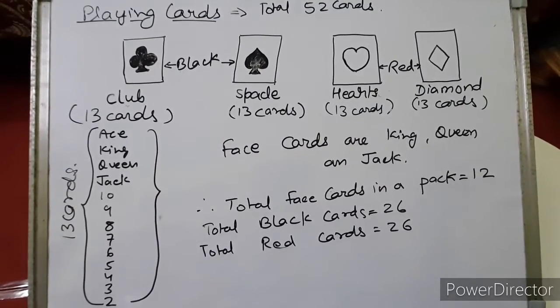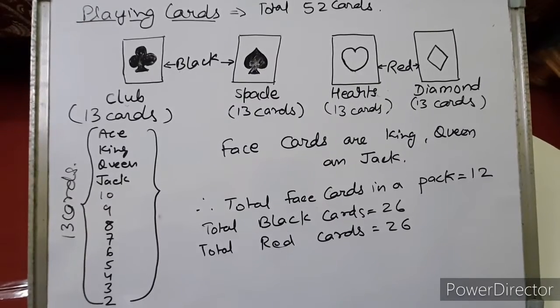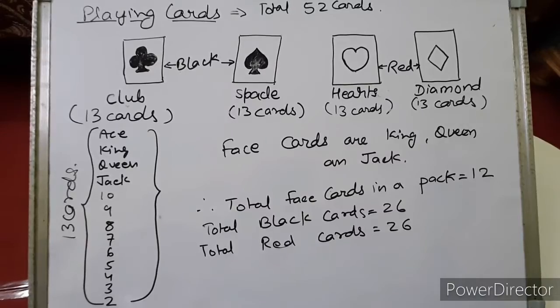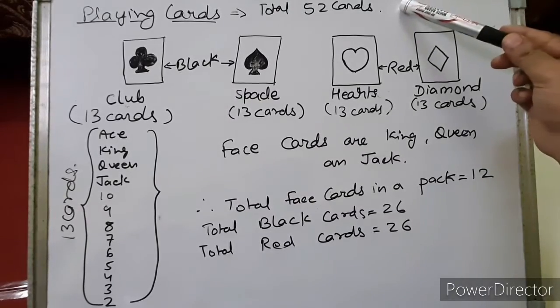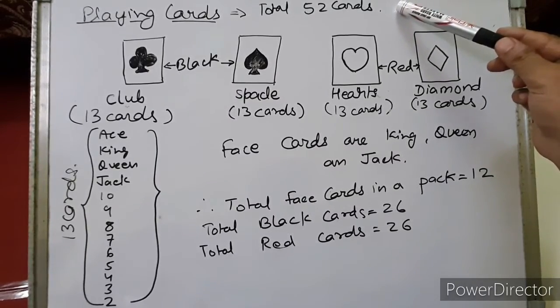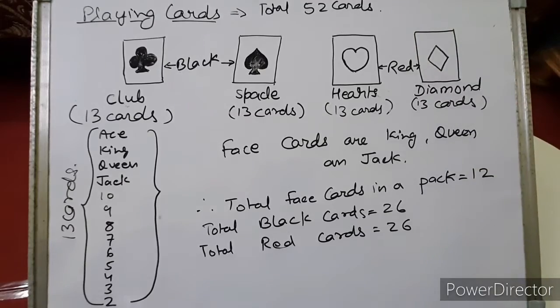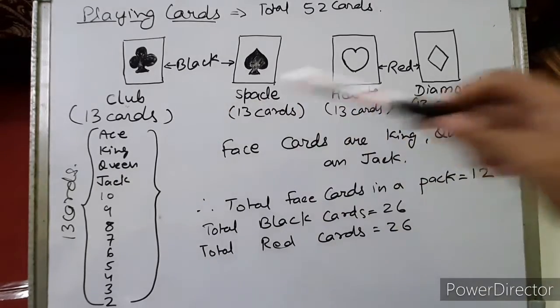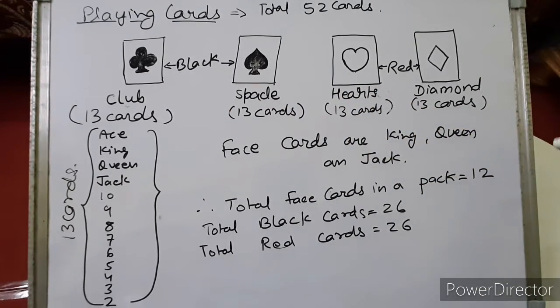Let's try to understand something about cards before solving the sums based on playing cards. Okay, so how many total playing cards are there in one deck? It's 52 cards. Playing cards are divided into 4 categories: diamond, hearts, spade, club. Each category has 13 cards.